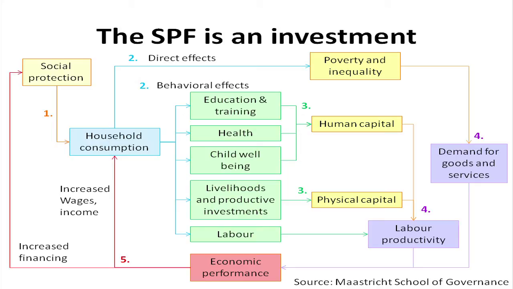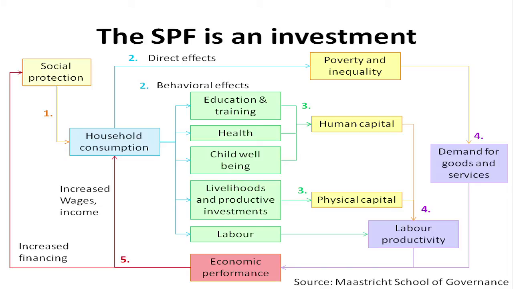And this has direct effects on the people themselves in terms of levels of poverty and reduction of inequalities. And it has also indirect effects, because if you consume more goods, this will boost the domestic production of your country.